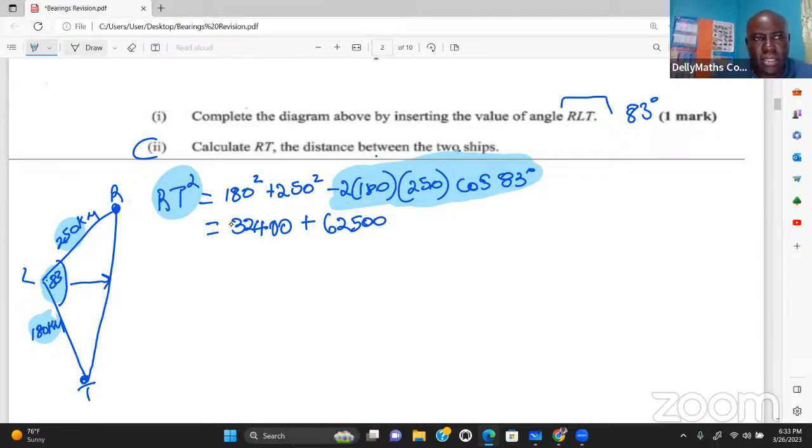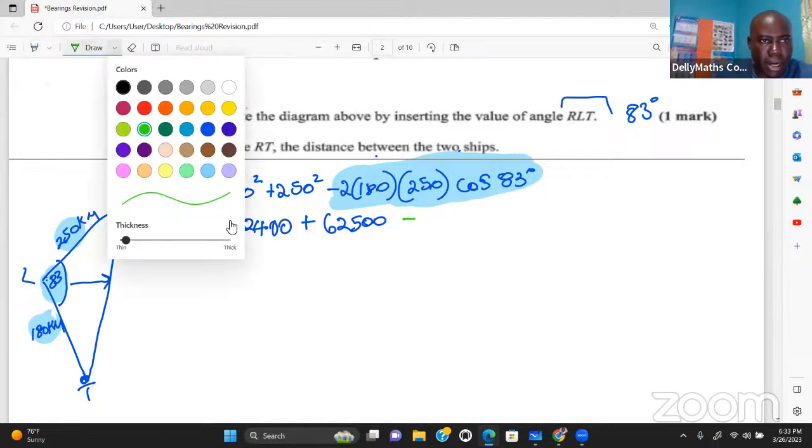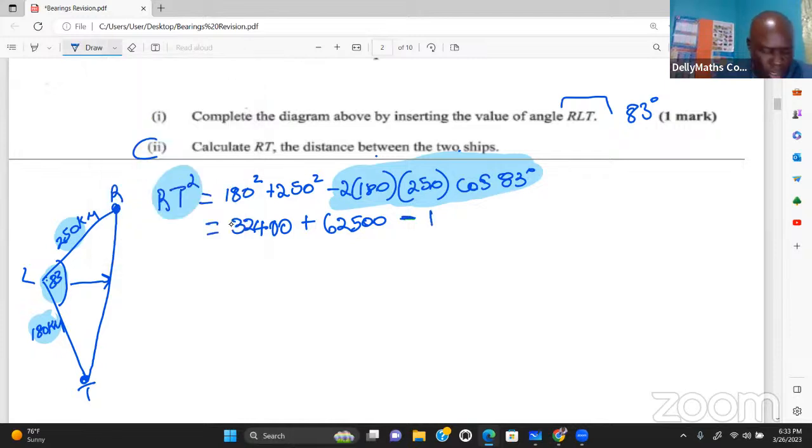And we're going to get minus 10,968.2. So let us work this out. 32,400 plus 62,500.